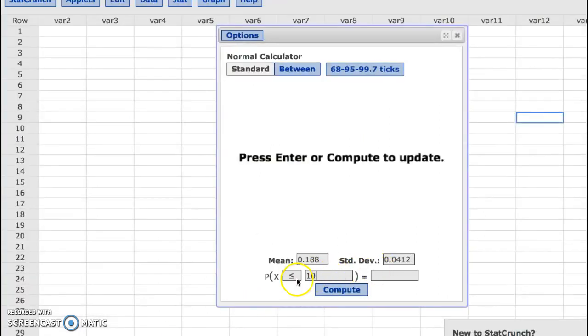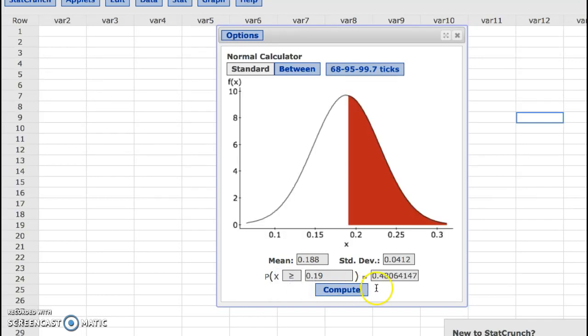And we are looking for the chance that we're above 19%. So notice when I graph, they don't display the mean number exactly, but 0.188 is in the middle. Here's 0.19. That gives me a probability of approximately 0.48.